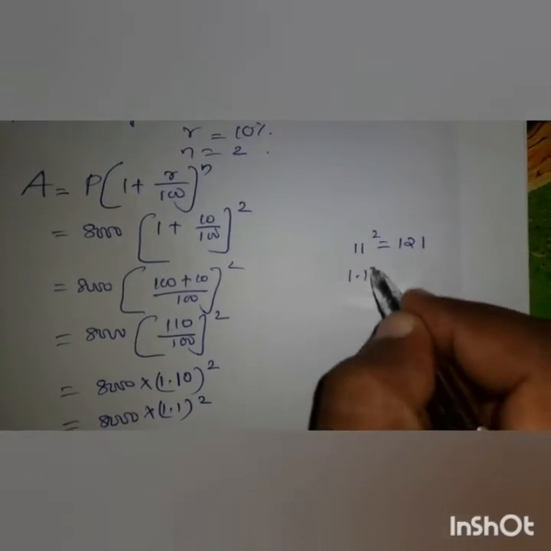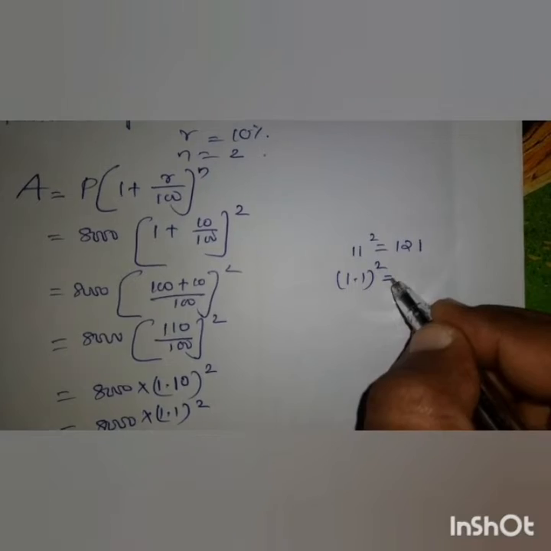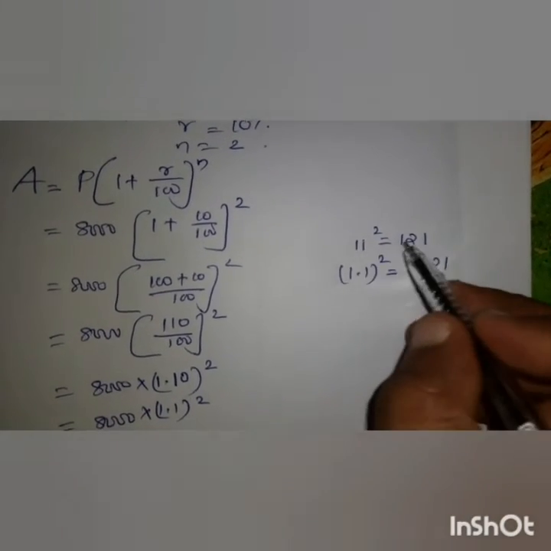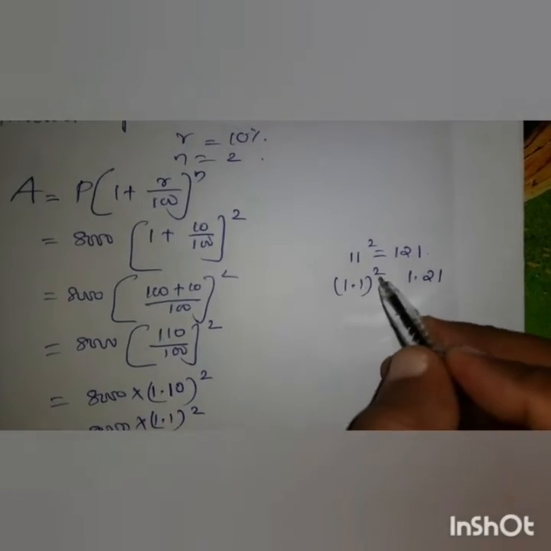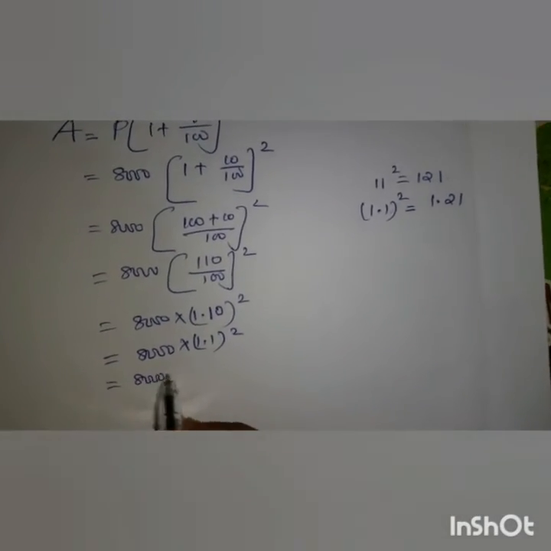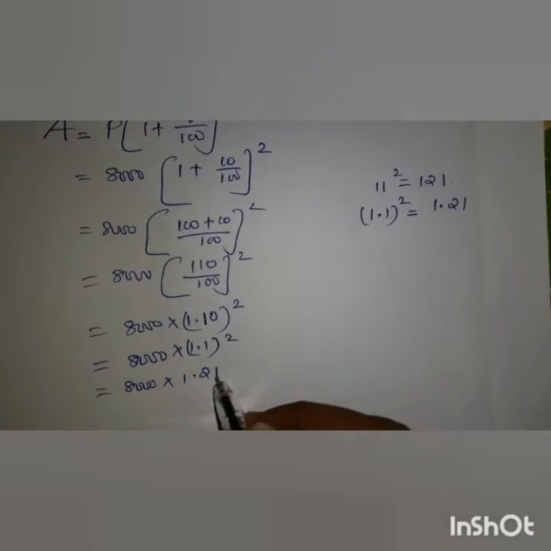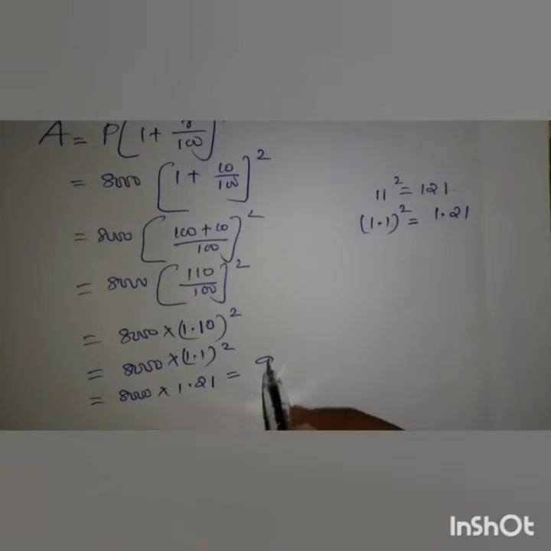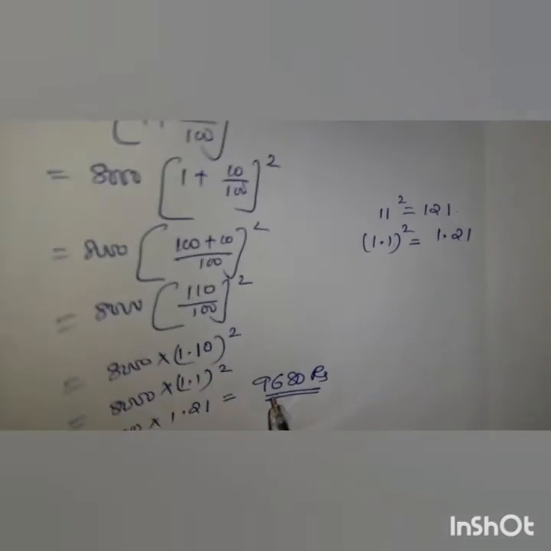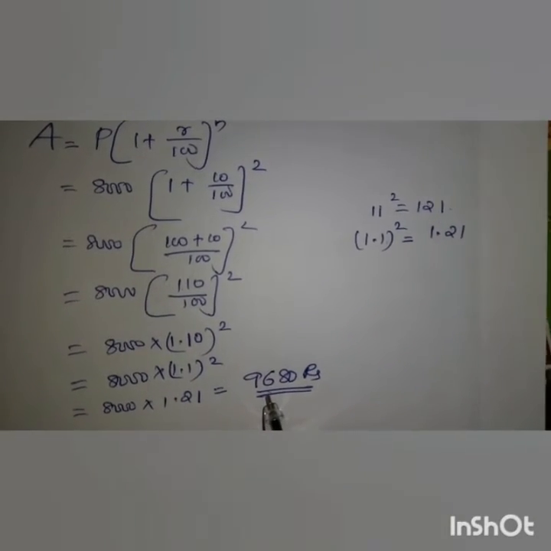What about 1.1 square? That is 1.21. So 11 square is 121, 1.1 square is 1.21. So you have to multiply 1.21 to this. So you are getting 9680 rupees. This is the amount you are getting.